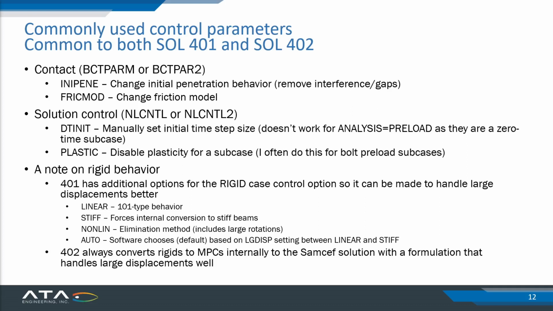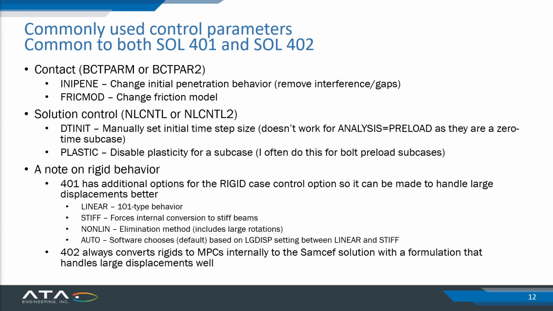Then there's also the fric mod, which is the thing that you use to change the friction model that you're using. Then there's your solution control options, which has the DT init, where you can manually set your initial time step.